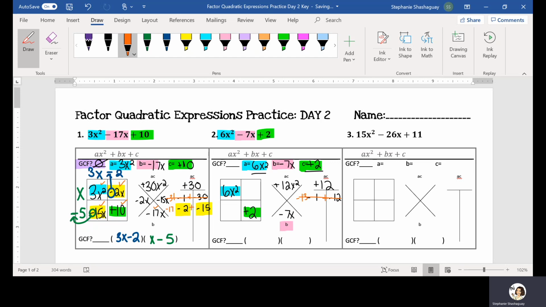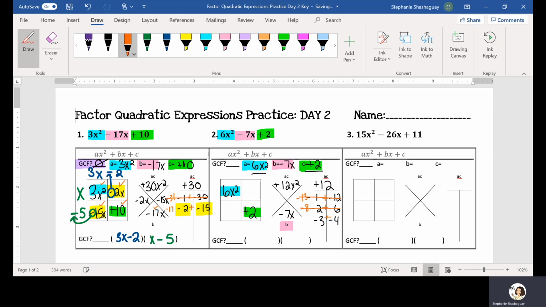Then I have negative 2 and a negative 6. If I add those two numbers together, I'm going to get a negative 8. That is also not the number I'm looking for, negative 7. Then I have negative 3 and negative 4.